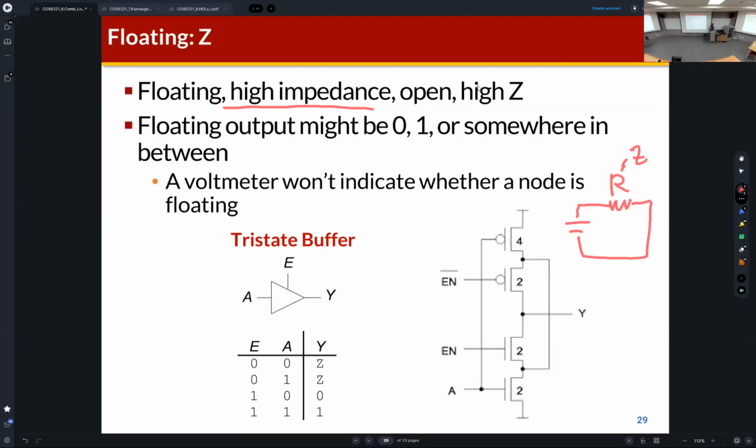Okay. So what does high impedance mean? High impedance means that the resistance is very high. Which means if the resistance of the circuit is very high, then current cannot flow through this circuit, right?